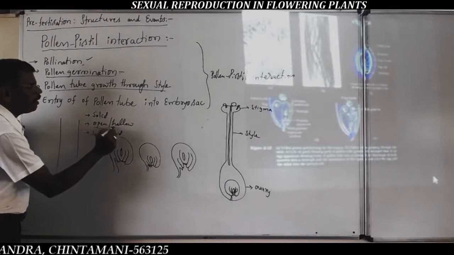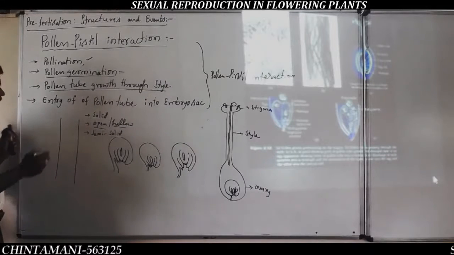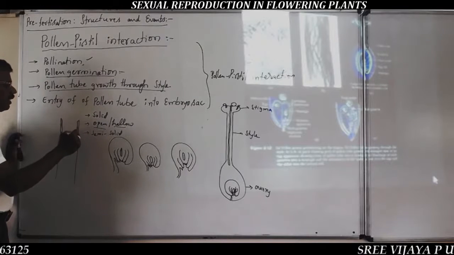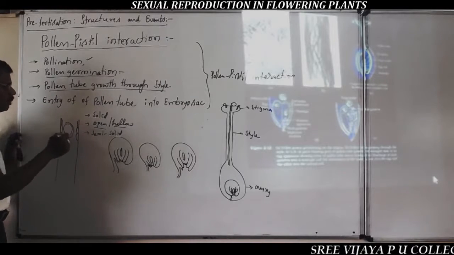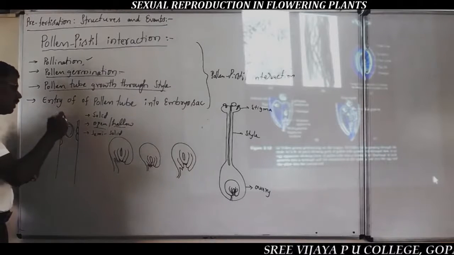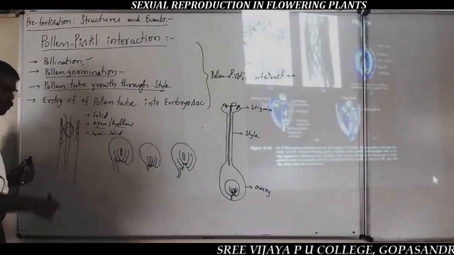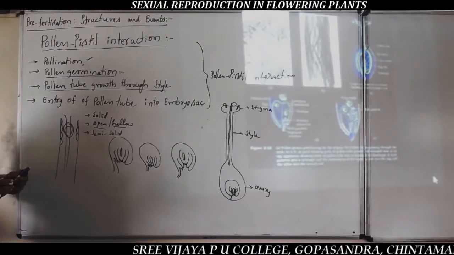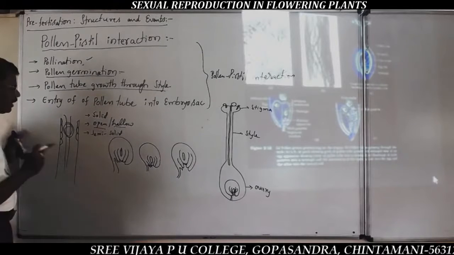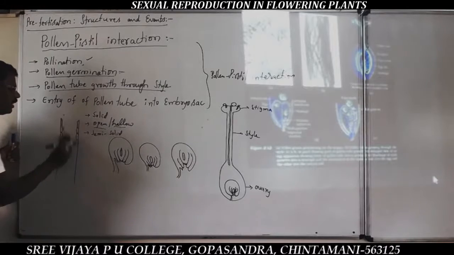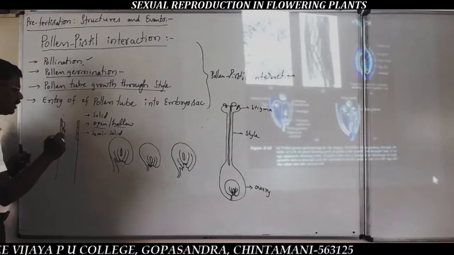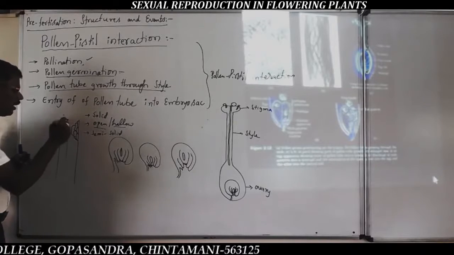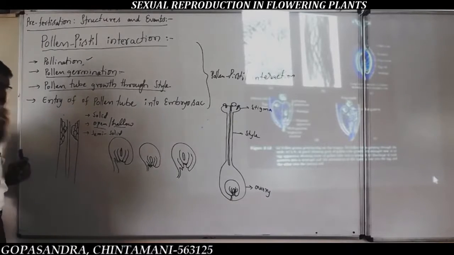Open or hollow means there is the presence of an inner layer only, so there is a hollow space through which the pollen tube moves easily. Semi-solid means in the center there is a little more tissue, but even so there is a small hollow space.